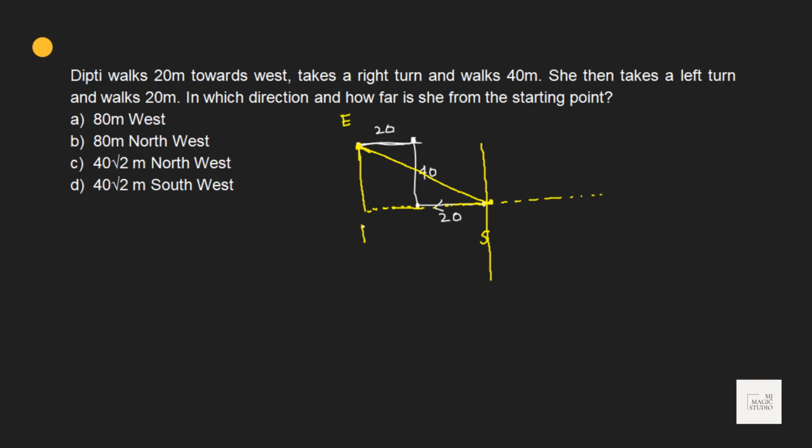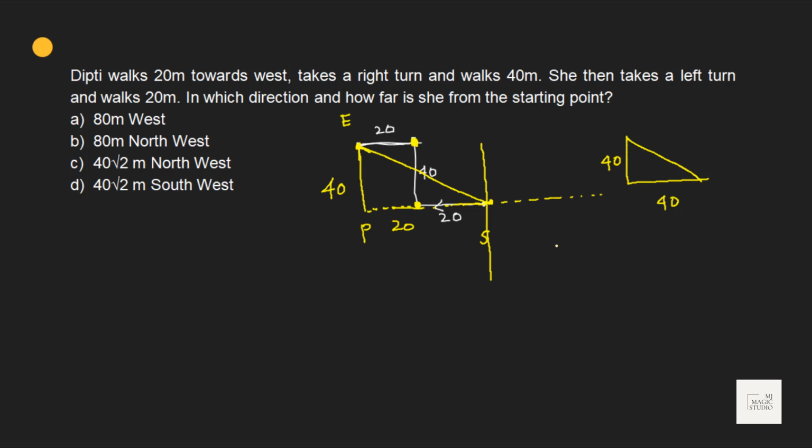So let it be P. EP would be 40. It's quite visible. The movement from the first yellow dot to the second yellow dot is 40. That's what is parallel. It should be 40. The distance between P and the first yellow dot is 20, and this was 20 actually. So what do we have? We have a right angle triangle with base as 40 and perpendicular also as 40.